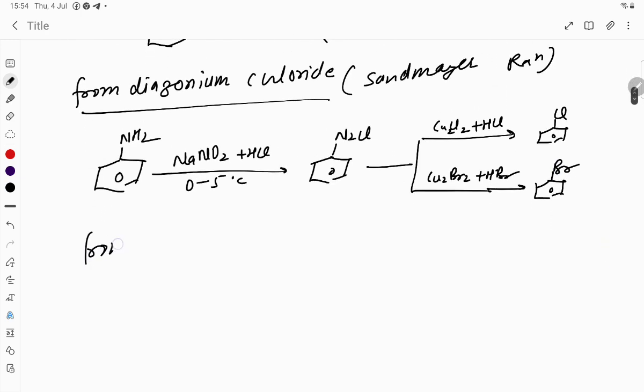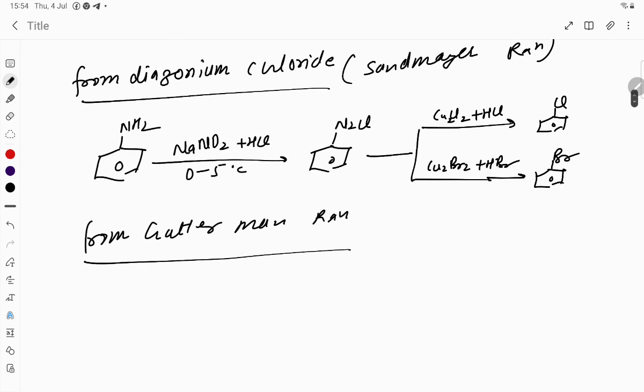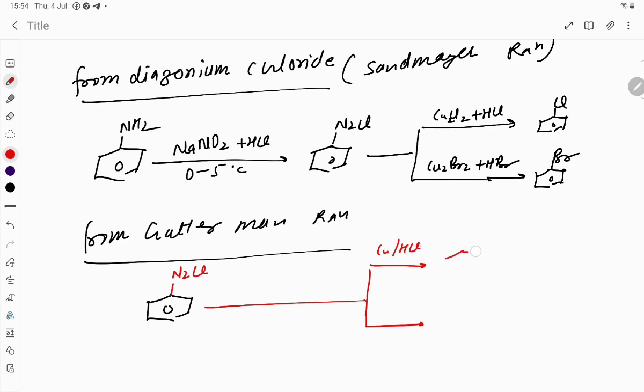Another one is the Gattermann reaction. Gattermann reaction is an extension of the Sandmeyer reaction only. You need to take the diazonium chloride only, student. This is the diazonium chloride. And in this diazonium chloride, you need to take copper powder plus HCl, so it is going to give chlorobenzene directly.